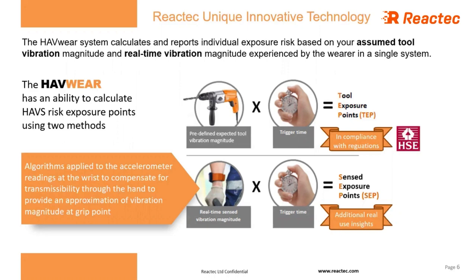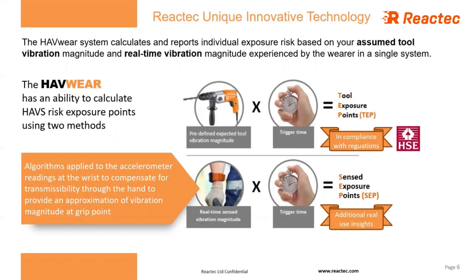The first set of data, which we refer to as tool exposure points, is based on taking a vibration magnitude level which you program into an RFID tool tag, which is then attached to the tool. And then we calculate exposure points based on the time of using the tool with that predefined vibration magnitude that is in the tool tag.